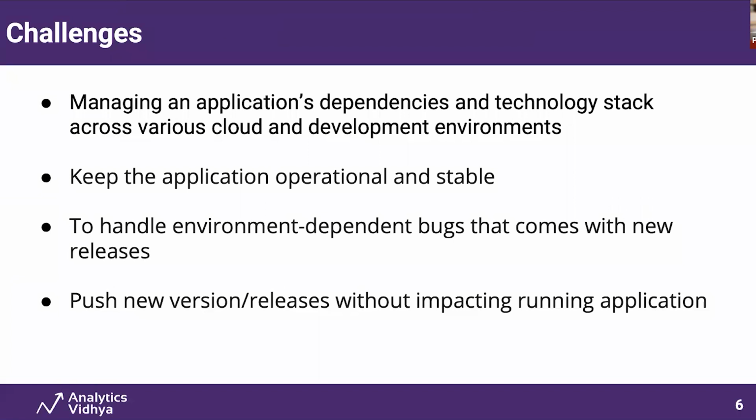And you also want to ensure that if you push any new release or version of the running application, you don't want it to impact the runtime or the current execution that is going on. So these are some of the challenges that are faced by developers if they are working between different platforms.